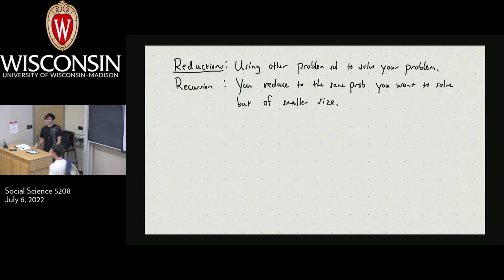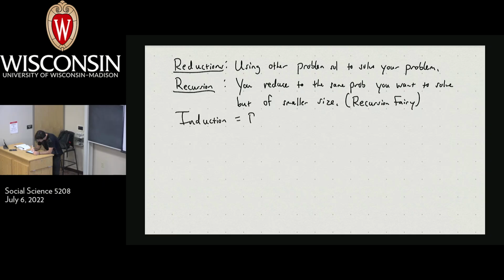Or you could think of it as having the magical recursion fairy who can solve the problem for you if it's smaller, otherwise known as the recursion hypothesis, otherwise known as the induction hypothesis. Another thing that goes with this is induction equals recursion. They're basically the same thing. And induction is our friend.